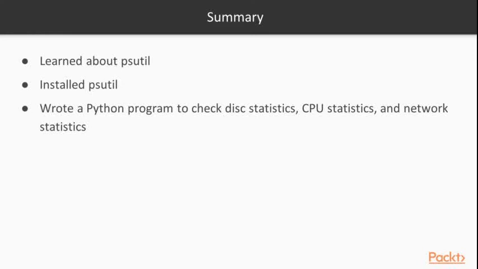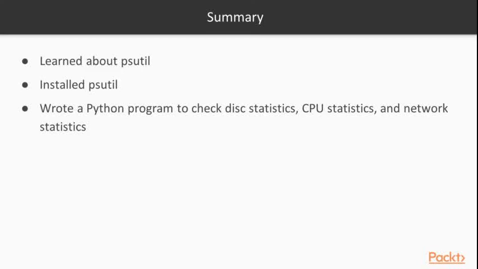Let's sum up this section. So we started by examining the psutil library and we learned about that library. Next we installed that psutil library and we wrote a Python program to check disk statistics. So we were able to calculate how much disk space is used and other statistics. Next we wrote a Python program to check CPU statistics.